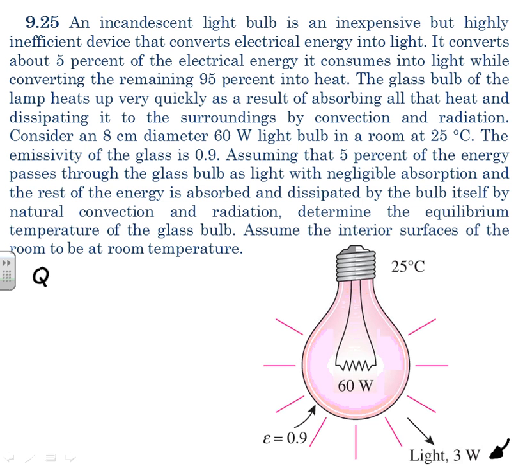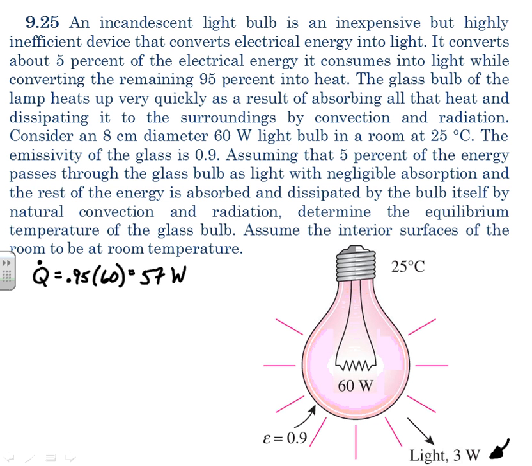So the Q dot that actually turns into heat is 0.95 times 60 watts, or 57 watts. Okay, so out of the 60-watt bulb, 3 watts become light, 57 watts become heat.